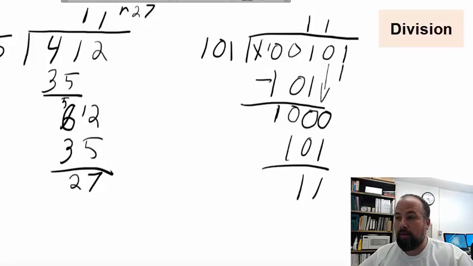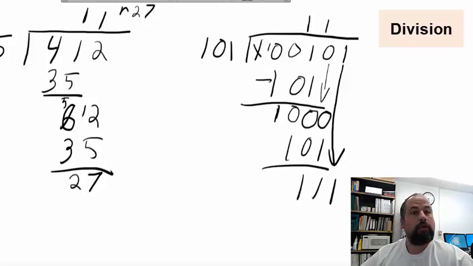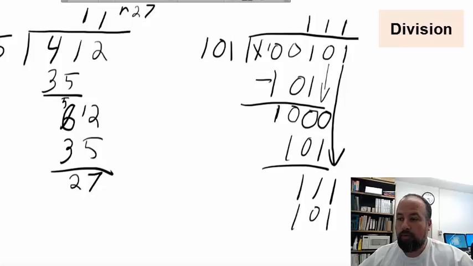Then we bring down the next value, 111, which is 7, right? Can 5 go into 7? Yes, it can, 1 time. And then we're going to, again, multiply 101 and subtract. We get 0, 1, 0.